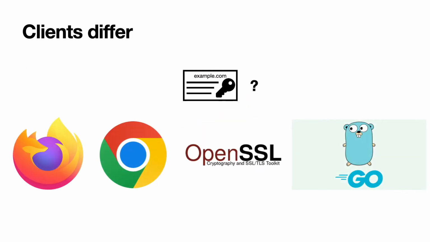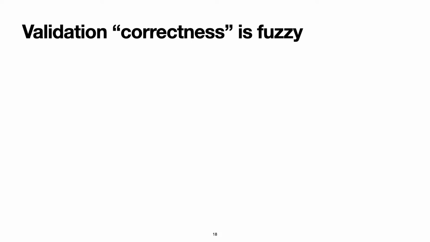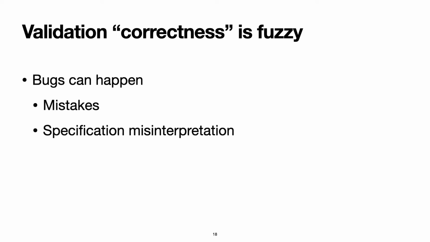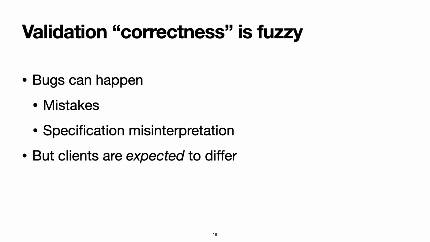The subtlety of validation rules like this one means that even industrial-scale TLS clients like major browsers may produce different validation results, meaning valid or invalid, for the same certificate. But this does not mean these clients' validation procedures are incorrect. Now, some differences may indeed be caused by bugs due to mistakes or misinterpretation, but others are actually expected.